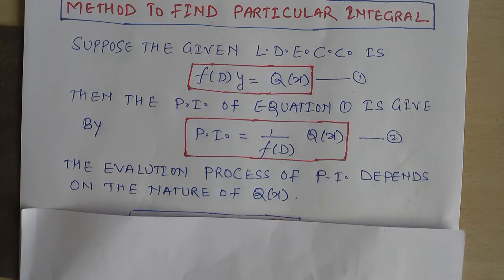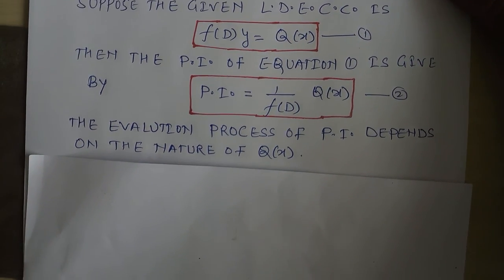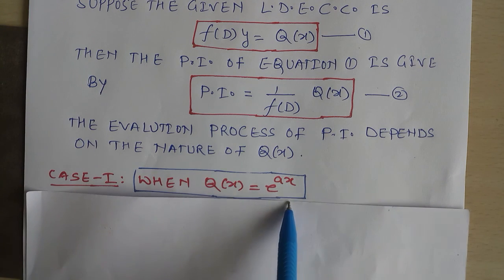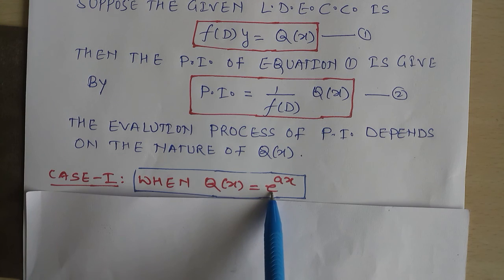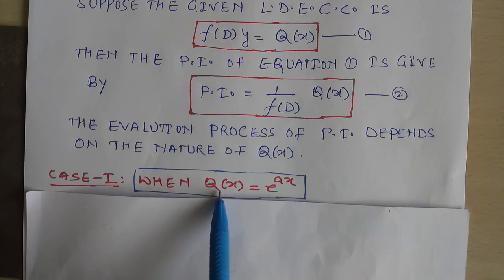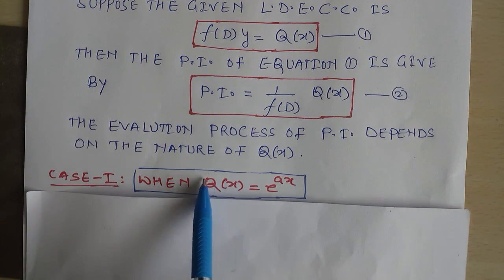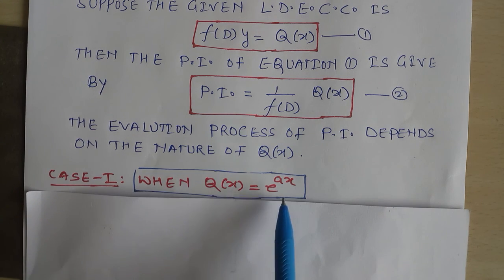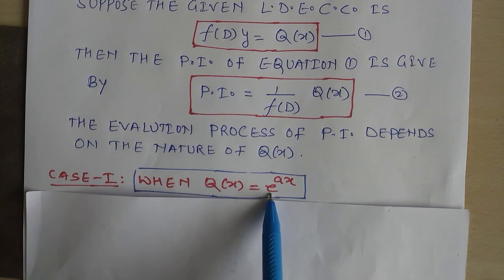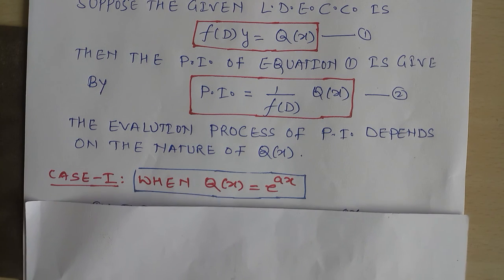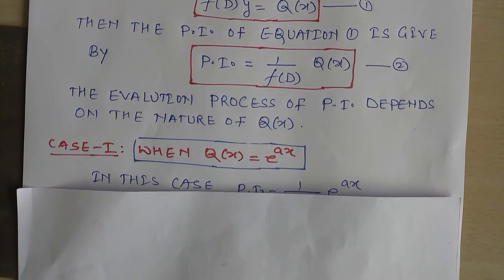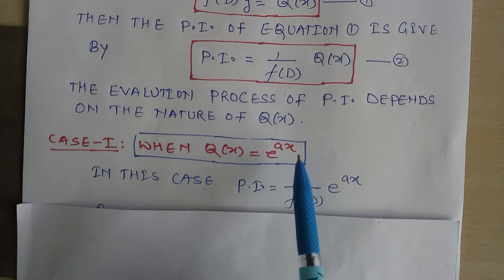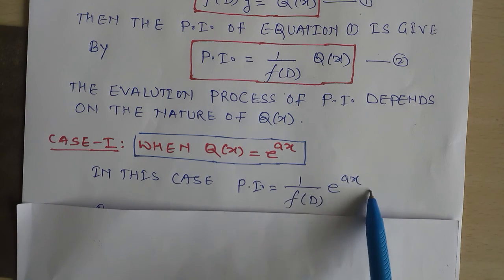The first case is when Q(x) is an exponential function of the type e raised to ax. Suppose Q(x), the non-homogeneous part of the linear differential equation with constant coefficient, is e raised to ax. In this case, we have PI is 1 upon f(D) into e raised to ax.